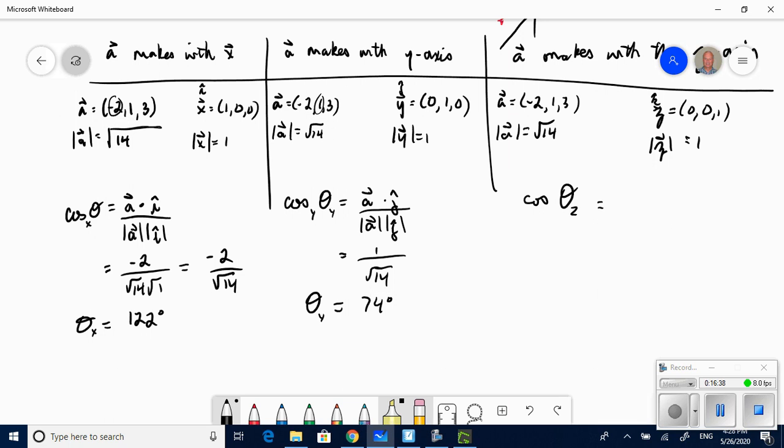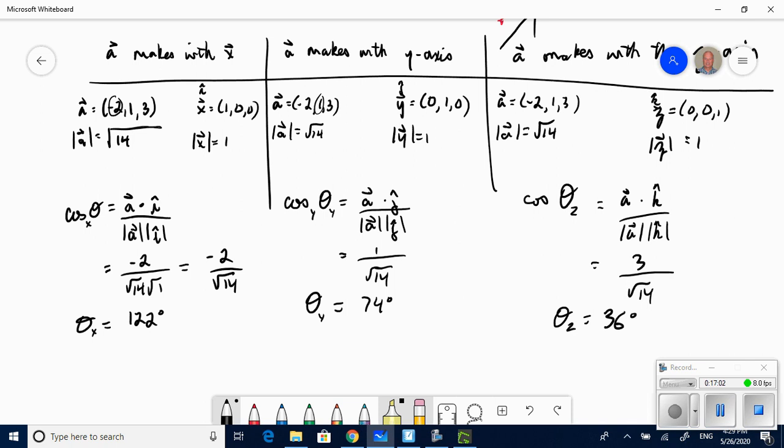And that'll be A dot k hat over the magnitude of A, magnitude of k hat, and we've got 3 over root 14, or I think I've got, according to my notes, I'm going to verify those before we leave here.